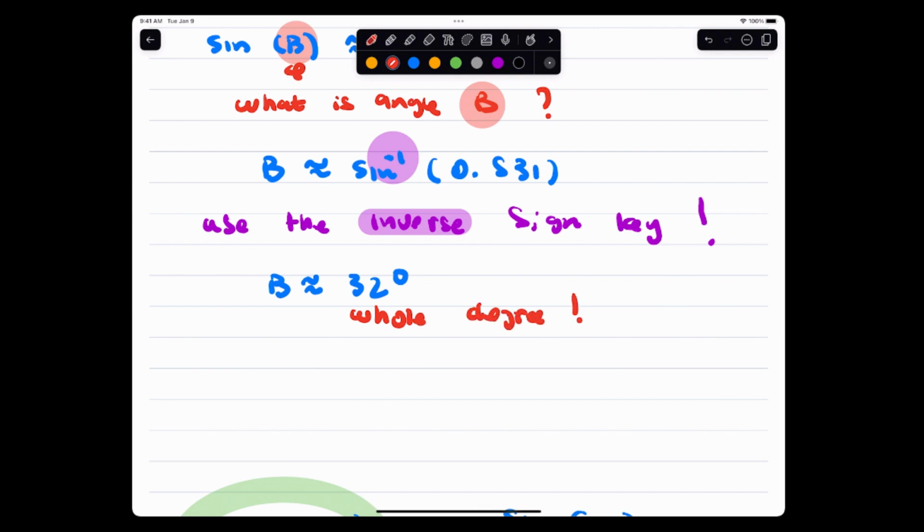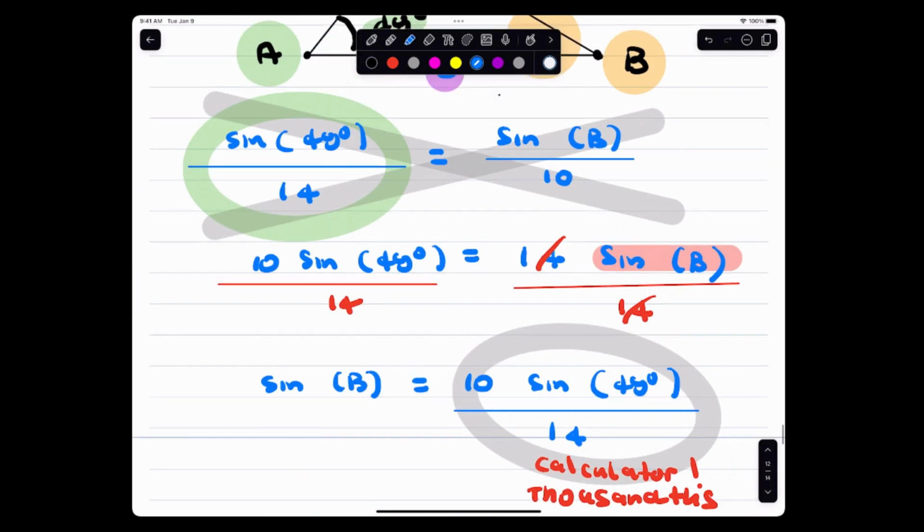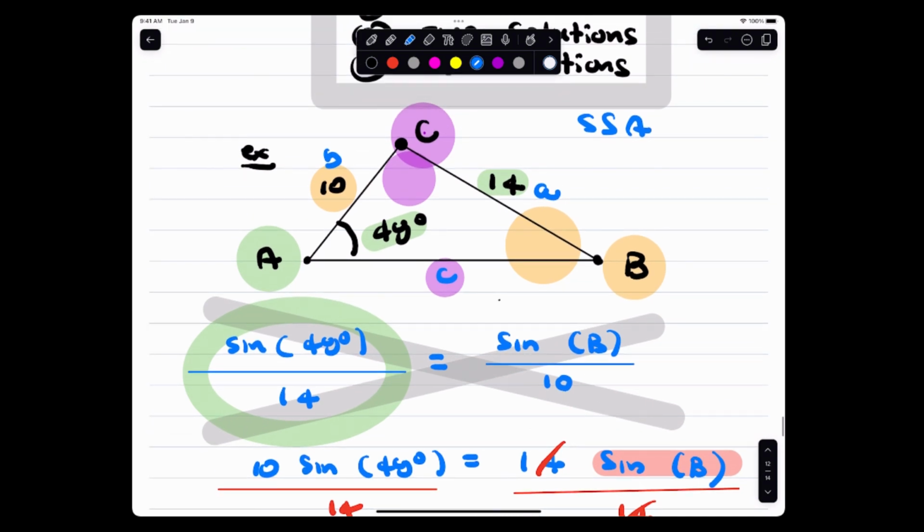That's a nice whole number. So B is going to equal 32 degrees. Are you guys okay with that?